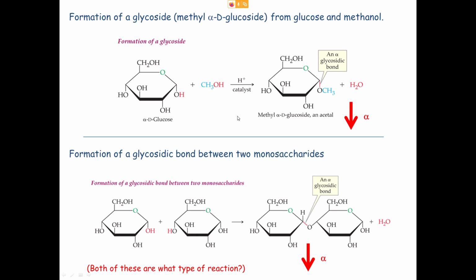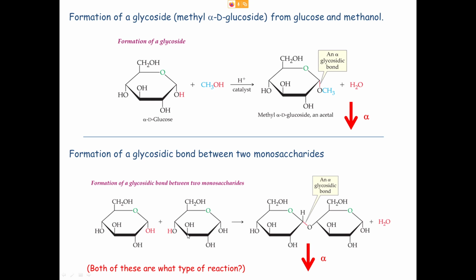Let's do the same reaction again, but in this case, instead of putting a simple alcohol here, let's use another glucose molecule. Okay? So here on the left, again, we have our alpha D glucose, and here on the right, we just have another alpha D glucose. How do I know it's alpha D glucose? Let's check again. So carbon number 2 is down, right, which means it's to the right.